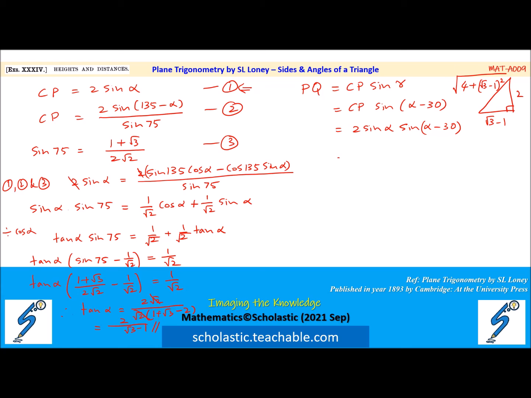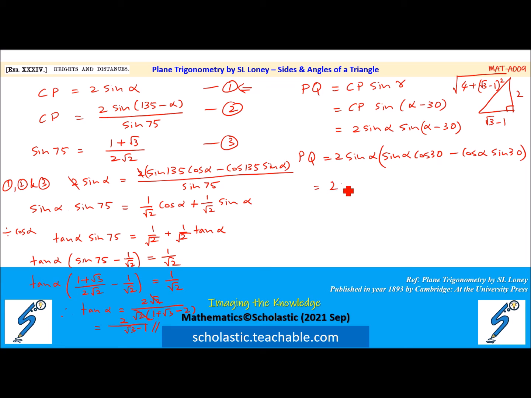Okay, so we leave it like that. So therefore we can find PQ. PQ is equal to 2 sine alpha cos 30 minus cos alpha sine 30. So basically we know the values of these. Cos 30 is root 3 by 2.